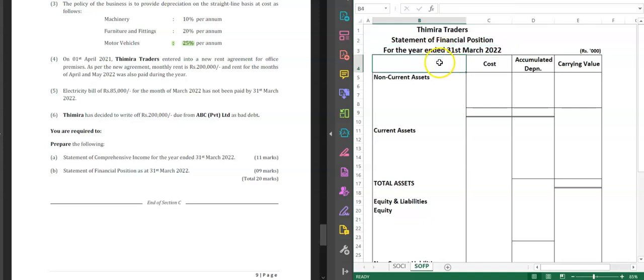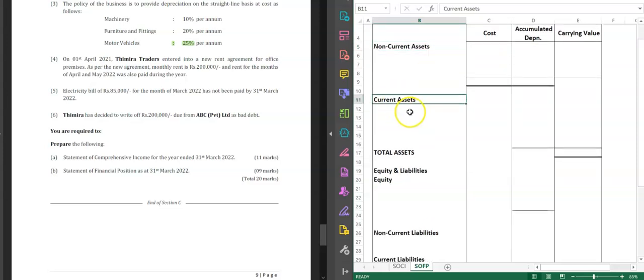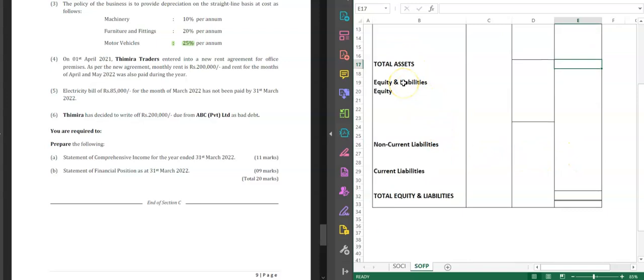This is a normal general format which will include the non-current assets and current assets, and we add them to get the total assets. The next part is equity and liabilities, and under that the first part is the equity.